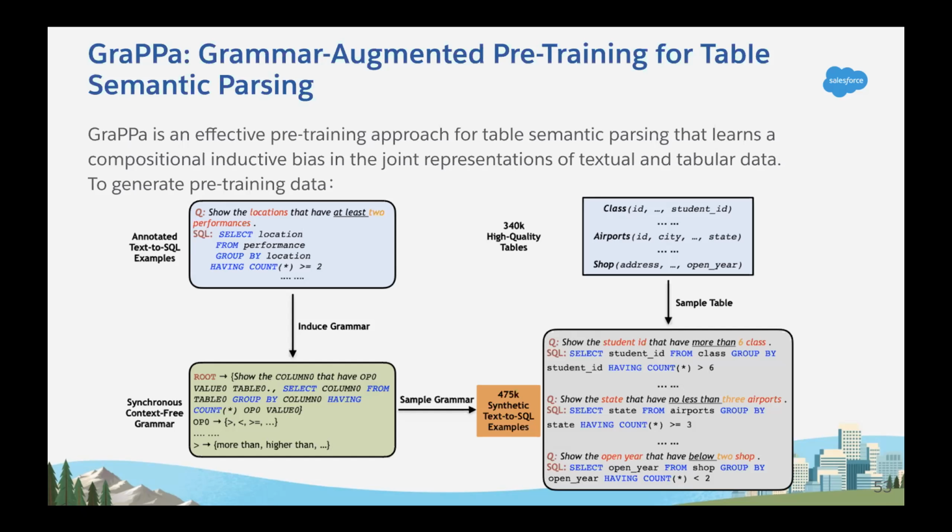Oh, sure. To get a grammar, we have the question, the SQL, and the table. We do some matching between the tokens in the question and the content in the SQL, and see if they match. Then we abstract it as a special token.